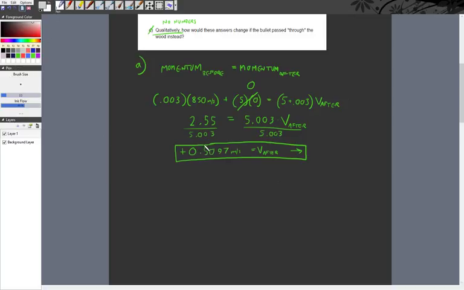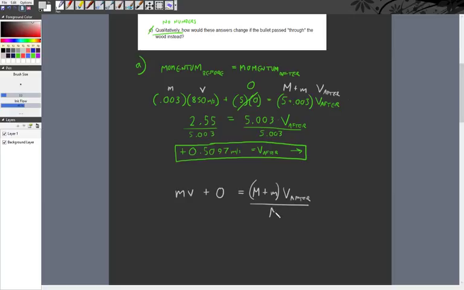So, again, we know momentum before is momentum after. Well, this is going to be the mass of the bullet. This is going to be the velocity of the bullet. And this is going to be the mass of the block plus the mass of the bullet. And this is going to be V after. We'll just leave it in the form V after, right? So we would have algebraically mv plus 0 is going to be equal to M plus m, that's the mass of the bullet and block together, times V after.